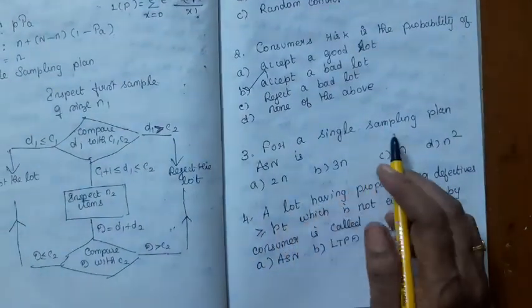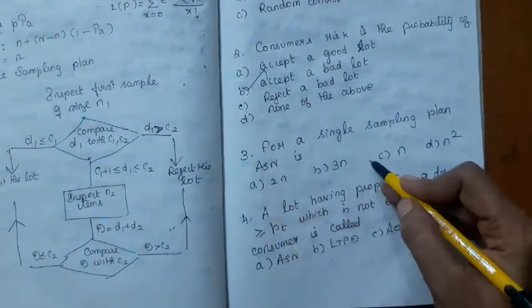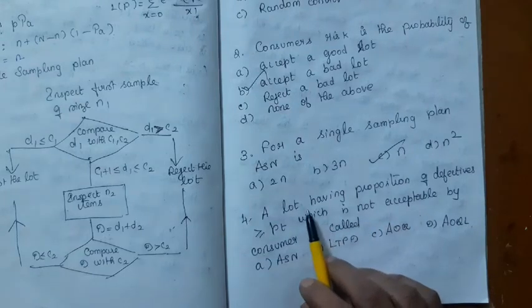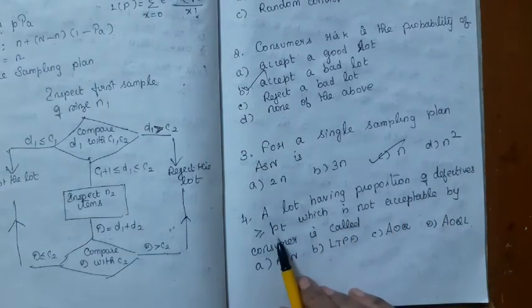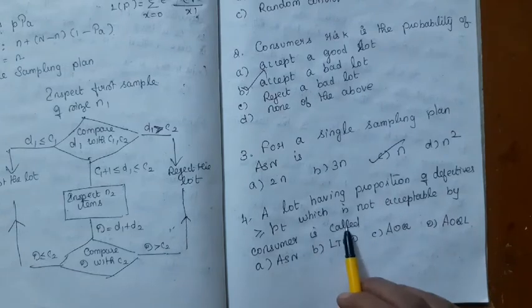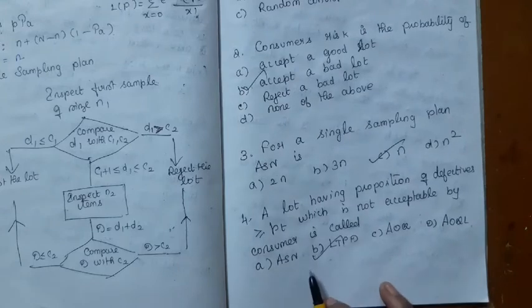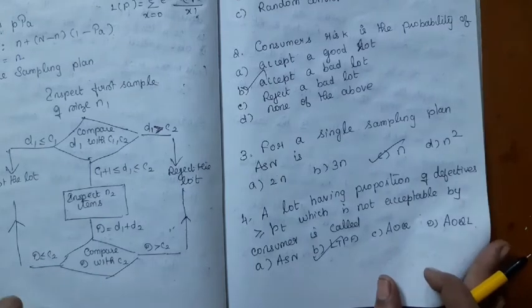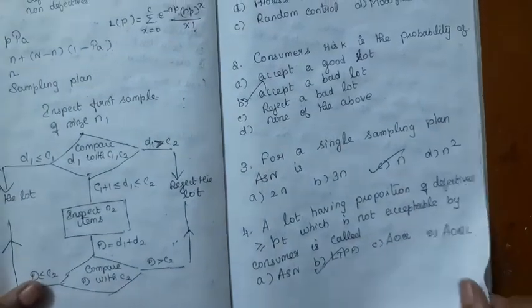For a single sampling plan, ASN is equal to just n. A lot having proportion of defectives greater than or equal to PT, which is not acceptable by the consumer, is called LTPD. LTPD is a fraction defective which is considered bad by the consumer.